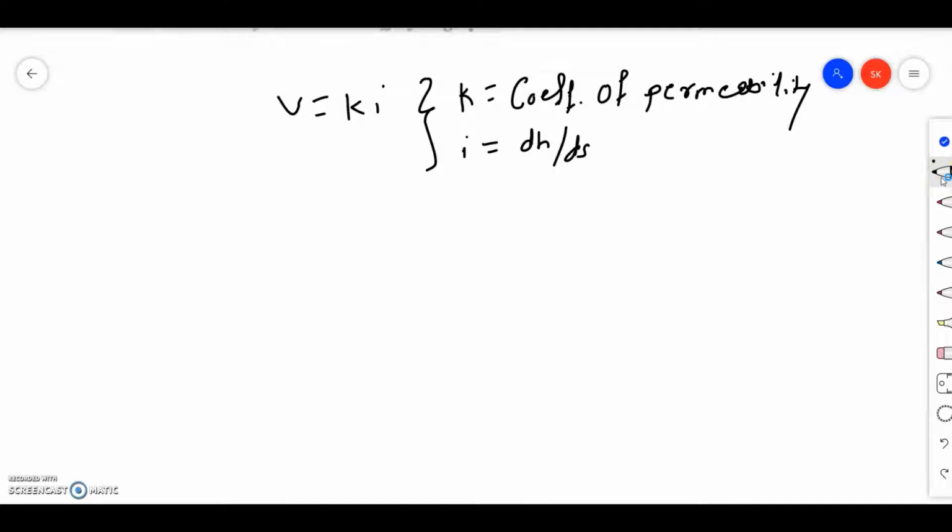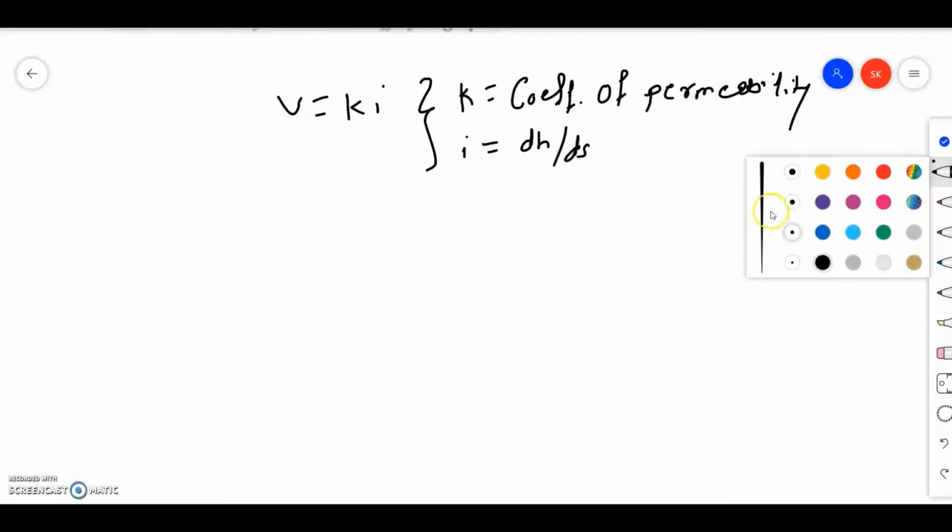This Darcy's law is applicable when the Reynold number is equal to 1, or unity. Now, when we say the Reynold number is equal to 1, what should be the formula? That formula I'll mention here.